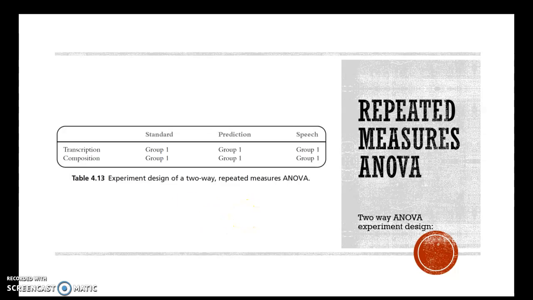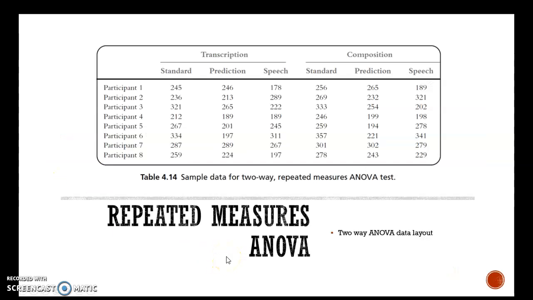There are two-way repeated measures ANOVA. So this is the within group design for testing three input channels and two different types of task.